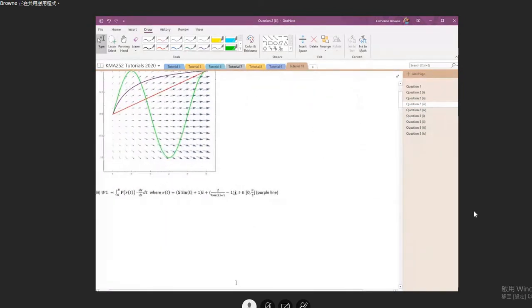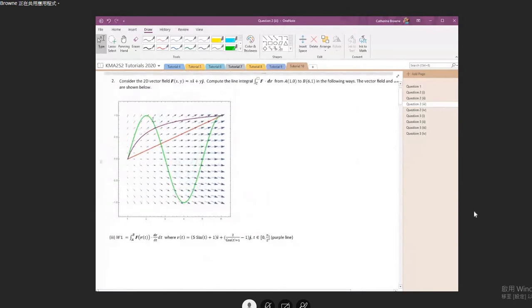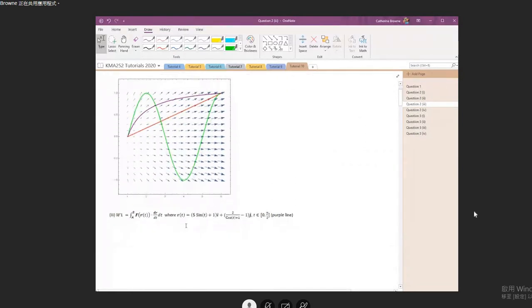So now it's the same thing, except it's parameterized now. It's a parameterized line. So this purple line is given by r of t, where that's 5 sine t plus 1, I plus 2 on cos t plus 1 minus 1 j.